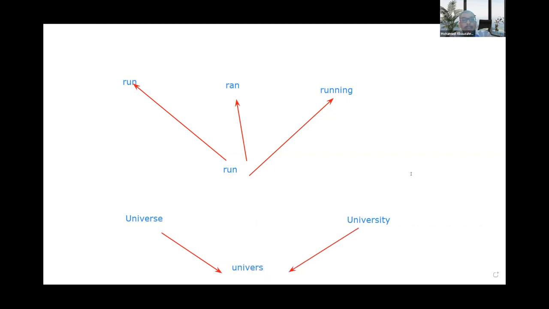Okay, so if I use the root for both of them, then I'm losing information. I'm losing important information. I'm not differentiating between universe and university, and this is problematic, right? So if you are working in a very specific domain, in a science domain, or in a very not general analytics, but very specific field of analytics, like for NASA, for example, for a research laboratory, for something like that, then you may decide not to use stemming.